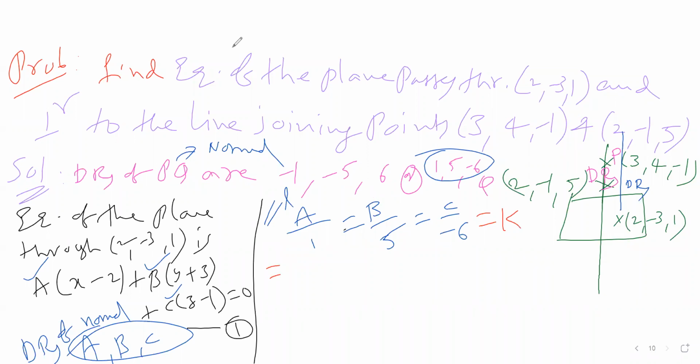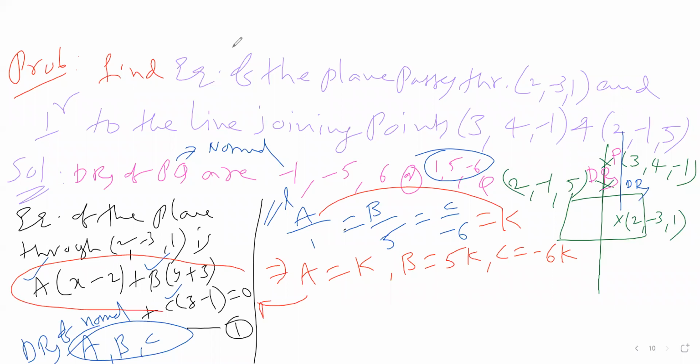So equating, A equals k, B equals 5k, C equals minus 6k. Now substitute these A, B, C values in equation 1.